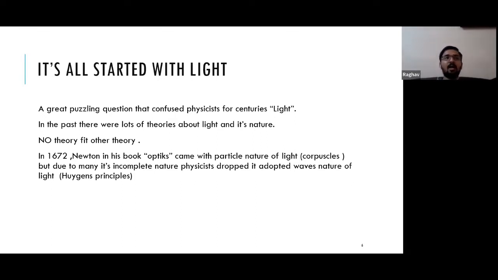For about 200 years, Huygens' principles, or Huygens' optics theory, worked quite well. People were happy with that, and the question was still whether light is a particle or a wave. But since Huygens' principles were working well, people assumed that it is a wave.